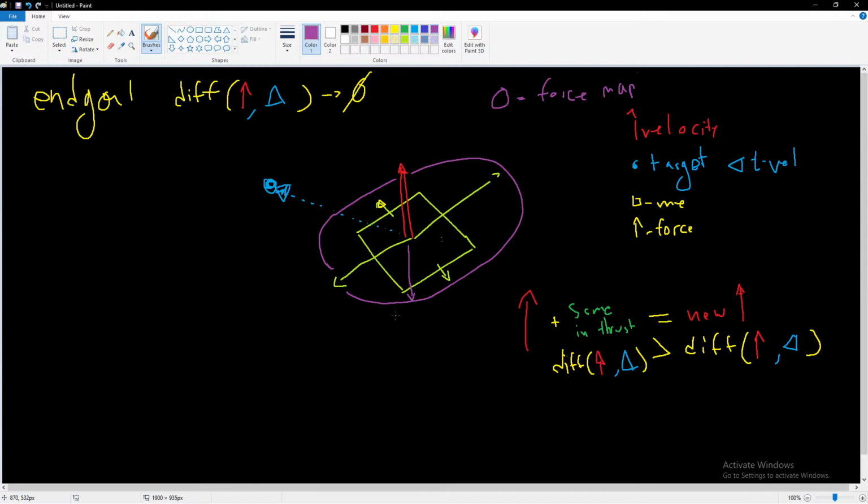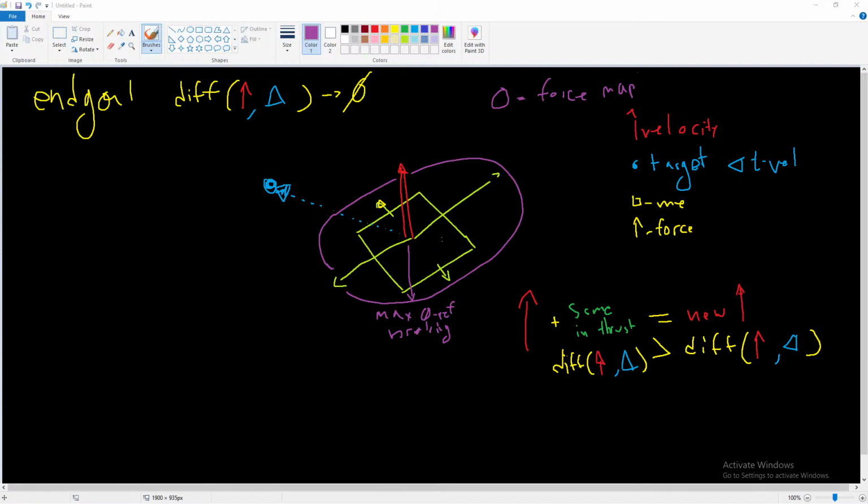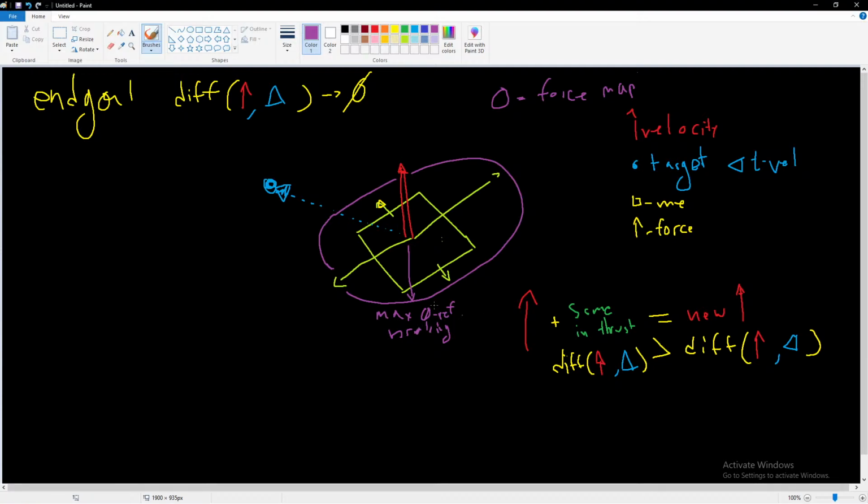So this is max 0 reference braking. And this is without any all right, take care. So this is any.